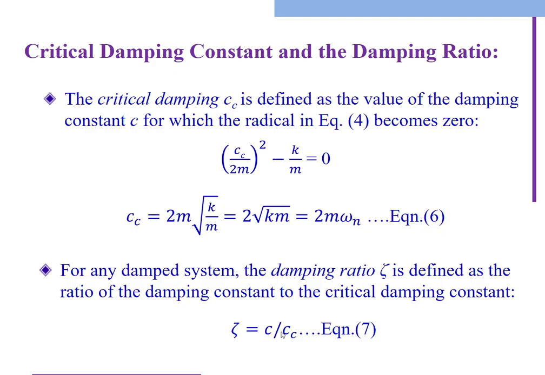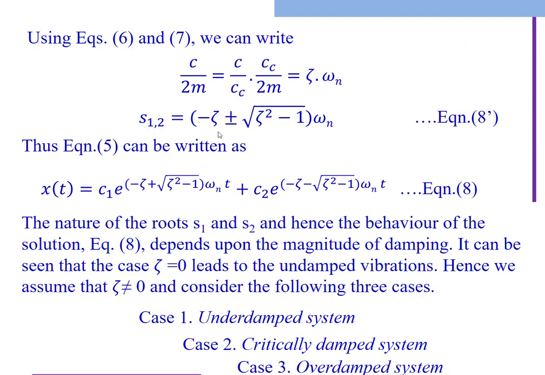By using this we have substituted all these parameters in the equation which we got from 6 and 7, and from there we have seen the frequency dependent parameter: minus zeta plus or minus under root of zeta square minus 1, into omega n.